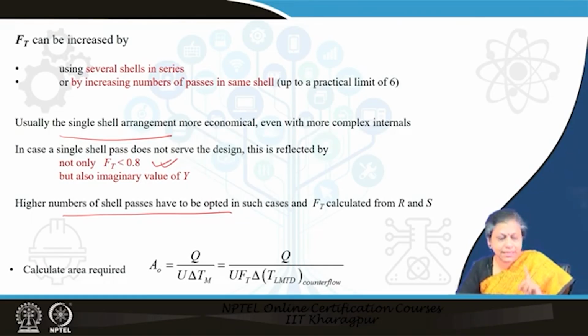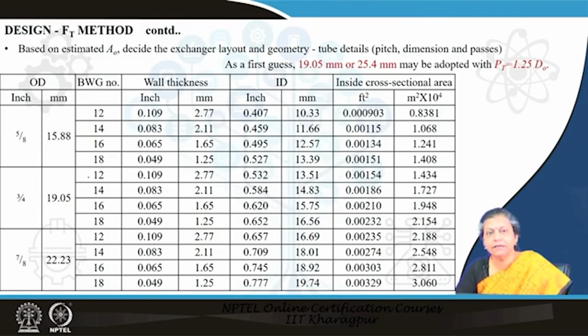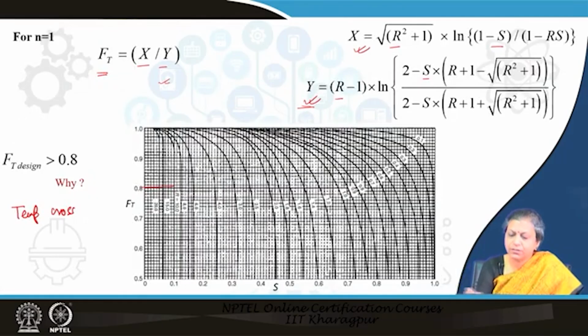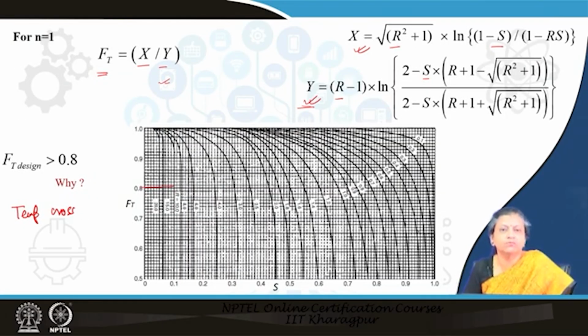Now, I would like to mention that even if you have multiple tube passes in a single shell pass, more or less this particular figure is applicable, because we have found that starting from 1,2 to 1,8 passes, the Ft value does not change if the terminal temperatures and the capacity parameters are the same. There will be at most a 2%, 4% change, not more than that.